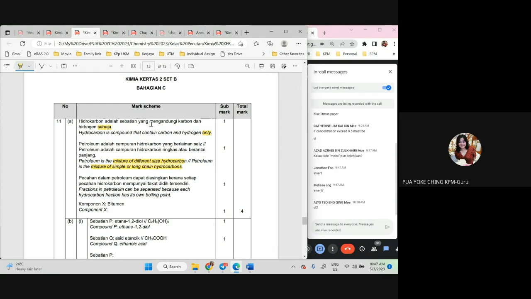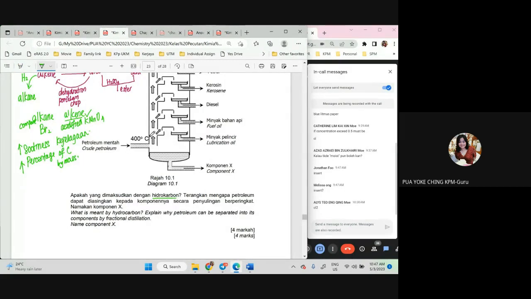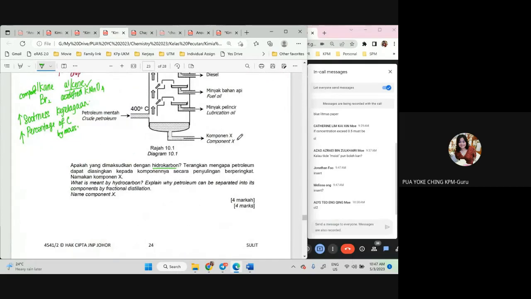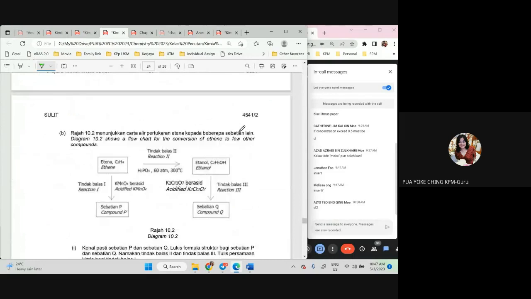So dalam petroleum kita ada berbagai jenis hydrocarbon yang berlainan size ataupun rantai dia. So pecahan dalam petroleum boleh dipisahkan because they have their own boiling point. Okay, every fractions. Setiap hydrocarbon ada boiling point dia sendiri. So you collect based on the boiling point and the last one is your bitumen lah. Yang tu kena hafal. So this is the one from the petroleum gas until the last part which is your bitumen. So 4 marks.